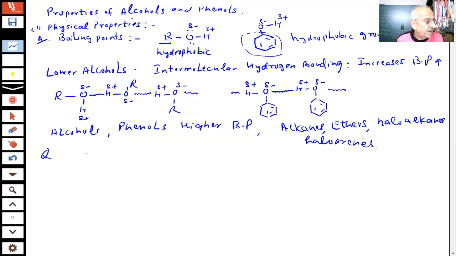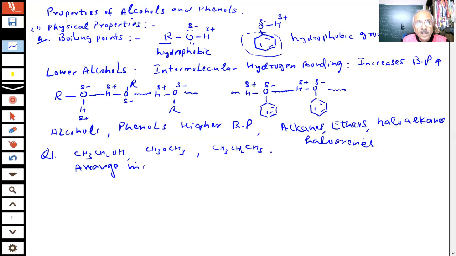The question was: you have CH3CH2OH, then CH3OCH3, then CH3CH2CH3. Arrange them in increasing order of boiling point.